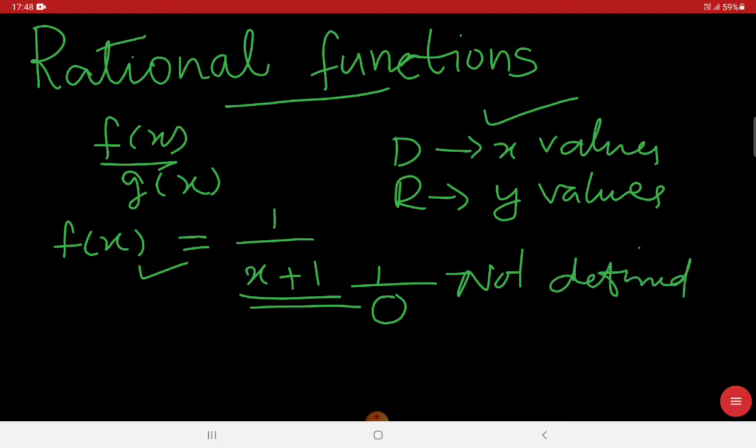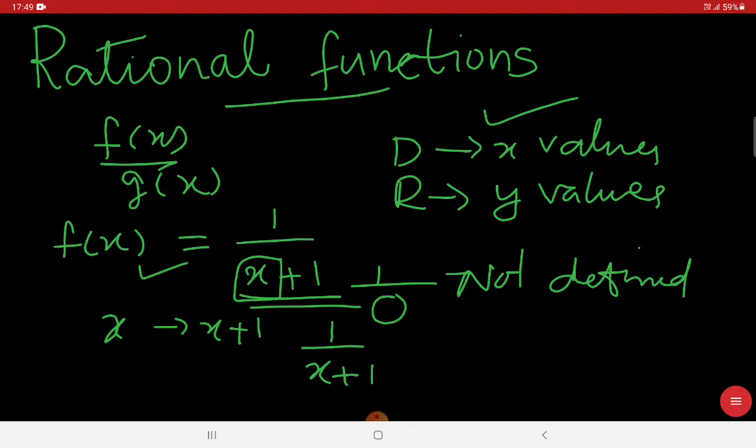Okay. So, we have to remove such values of x from the set of real numbers. So, if you consider any real number, we can find x plus 1 and we can find its reciprocal 1 by x plus 1.